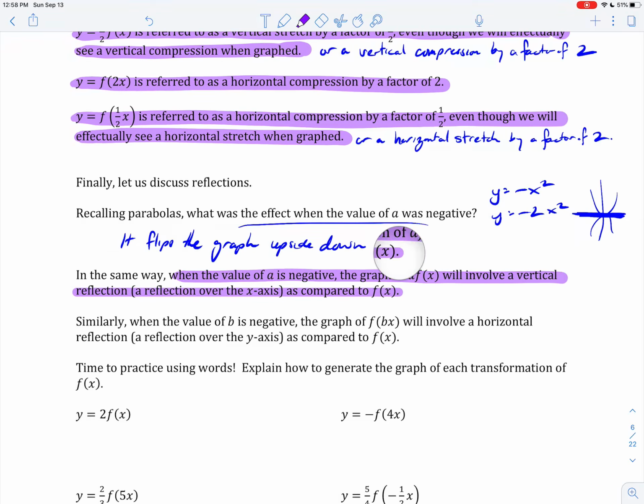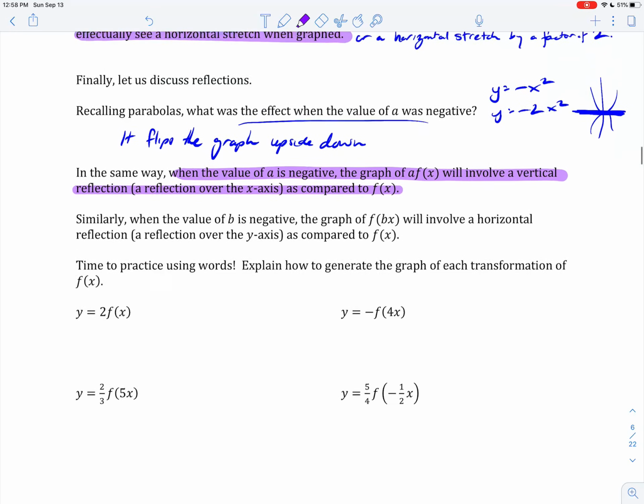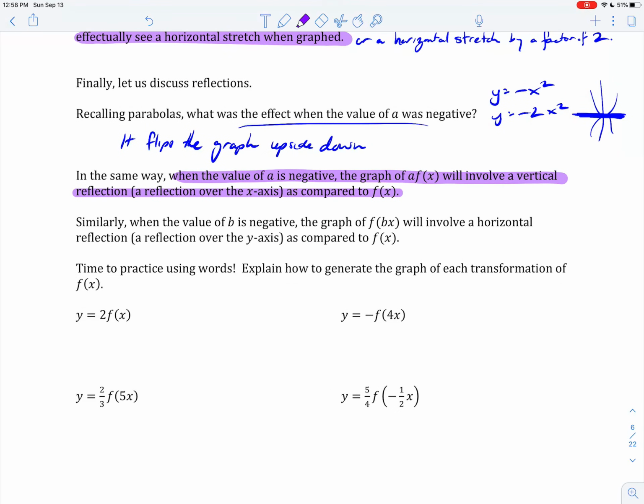And similarly, if we're looking inside the brackets, like here, that's also going to cause a reflection, but horizontally. So the lefts will become rights, the rights will become lefts.